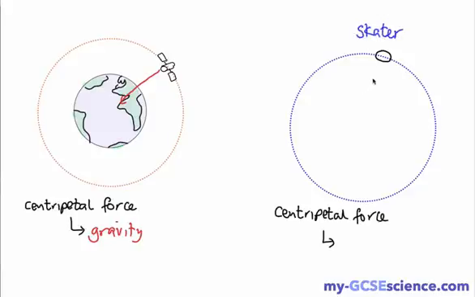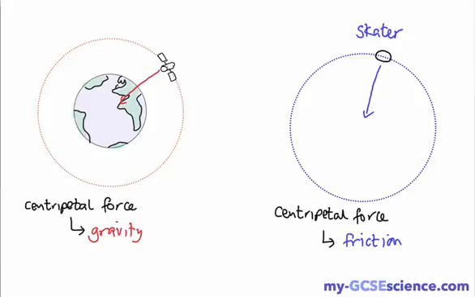I couldn't draw a skater very well, so I just drew this little blob. So we've got this skater going in a circle on some ice, and again there's not a piece of string holding this skater there. So what's causing the centripetal force here? In this case it's actually friction between the skates and the ice, and again that friction acts towards the center of the circle.